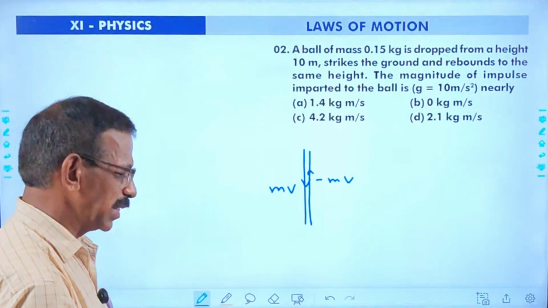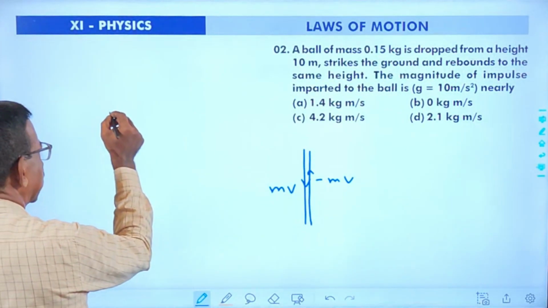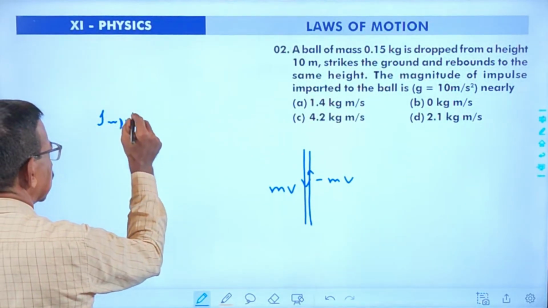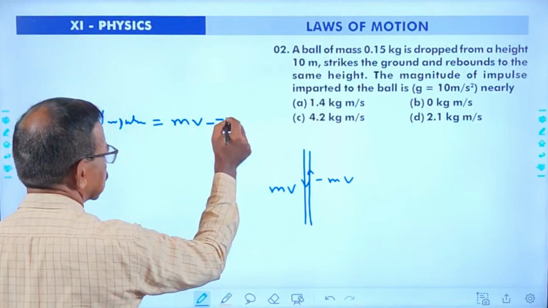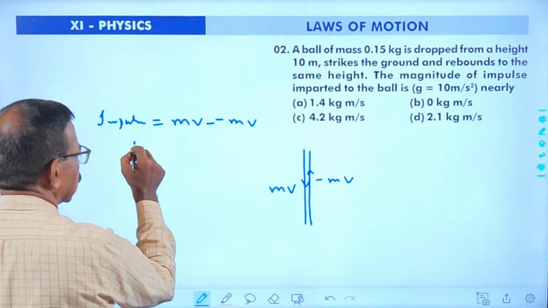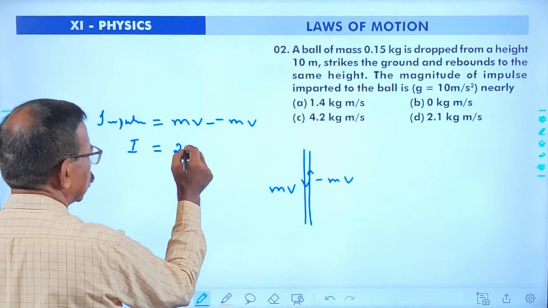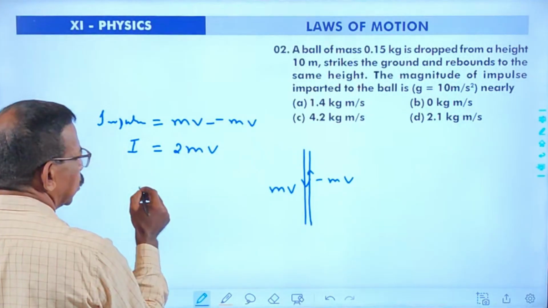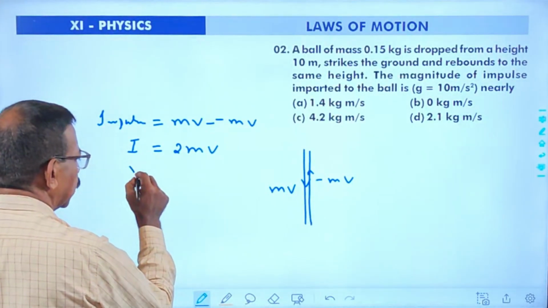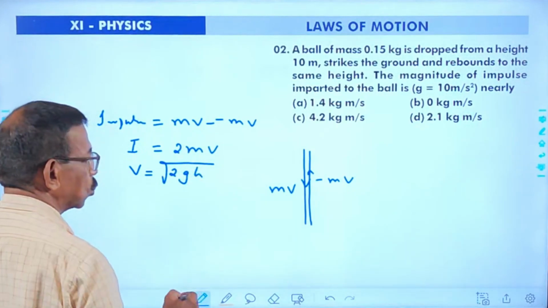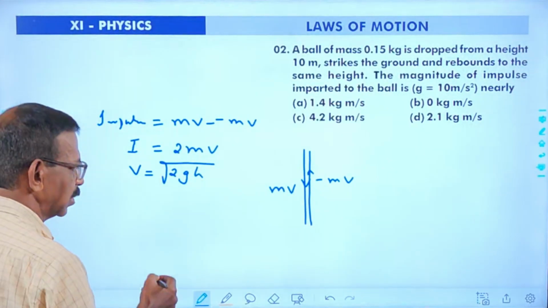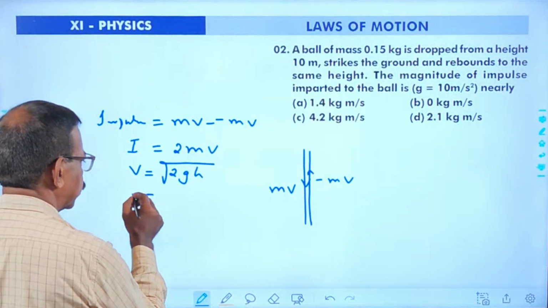We know that impulse equal to change in momentum. That is, change in momentum is impulse equals, as in the previous case, mv minus mv. That is, impulse equals 2mv. For any free fall, we know that the velocity is given by v equals root of 2gh. Hence, the velocity is root of 2gh.